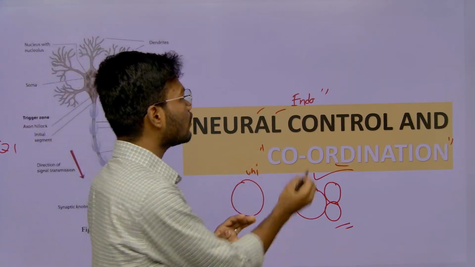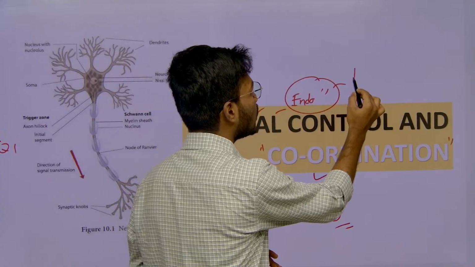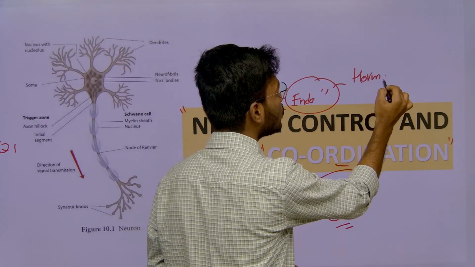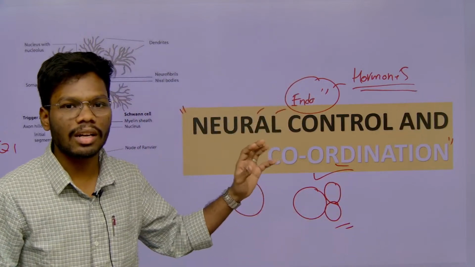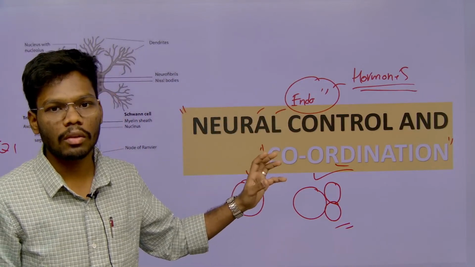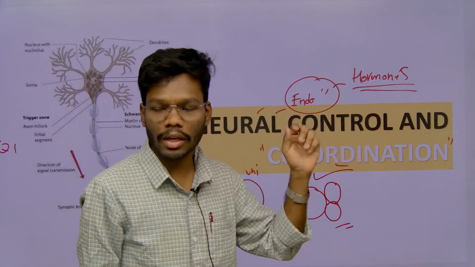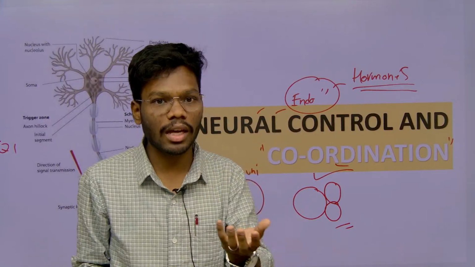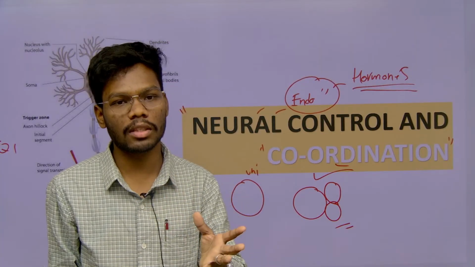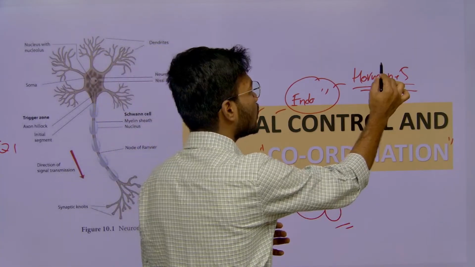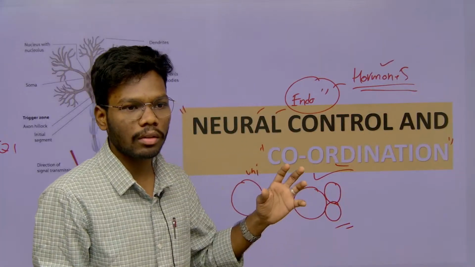Whenever you learn the endocrine system, we learn hormones, right? These are chemical messengers which travel all over the body and reach the target tissues or cells, reaching each and every place of our body, where they do their function.